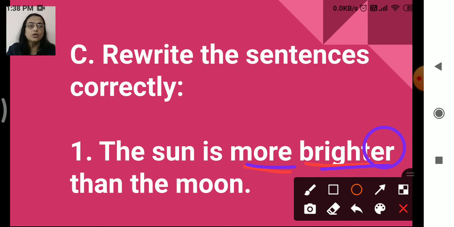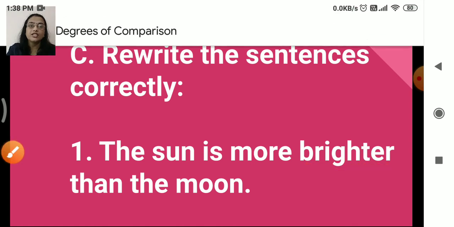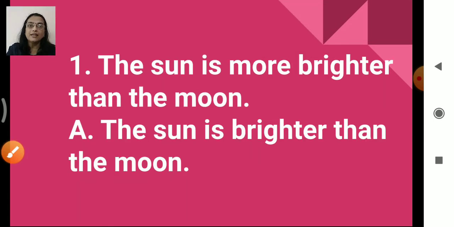So what will be the answer? Let's check out. The sun is brighter than the moon. Okay, so you can also write the sun is more bright than the moon, but you cannot have more and brighter ER together. Clear?